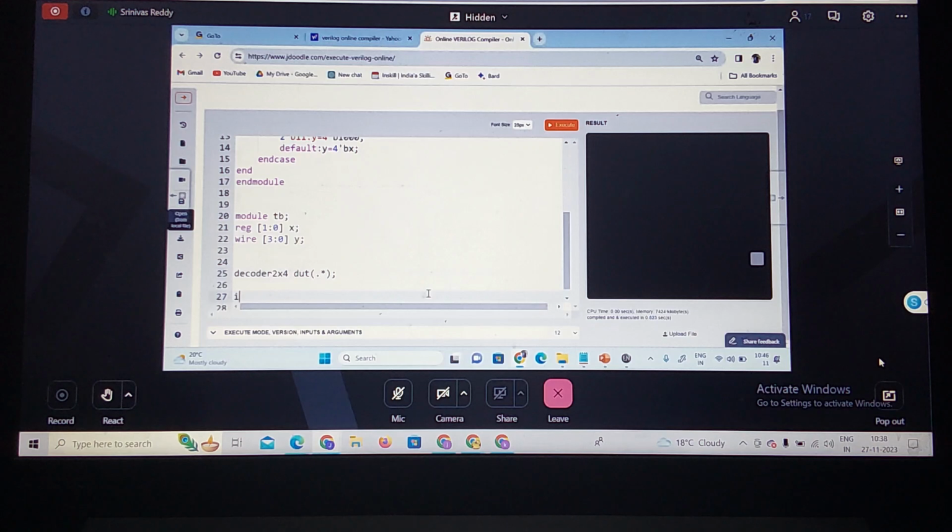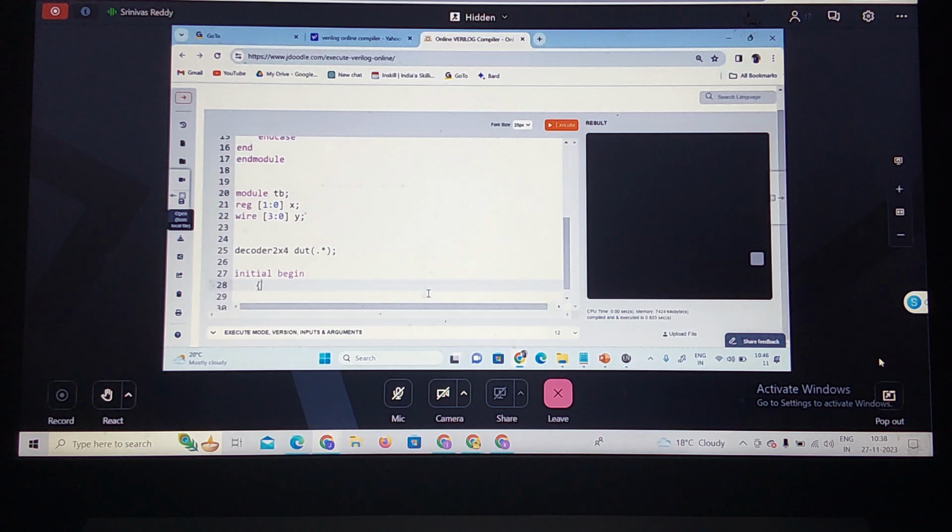Next, initial begin. Then let us generate a random value of X. So X is equal to dollar random, then delay.